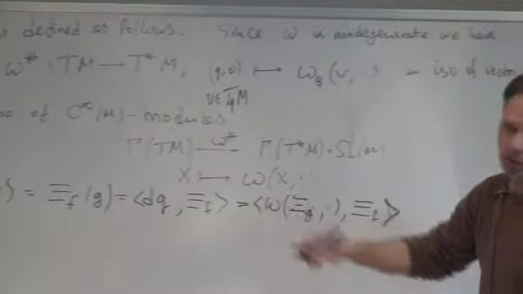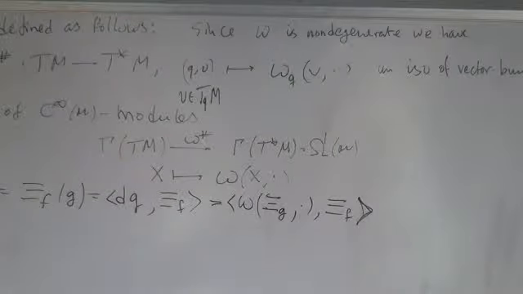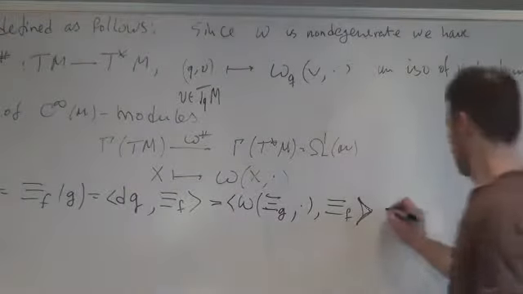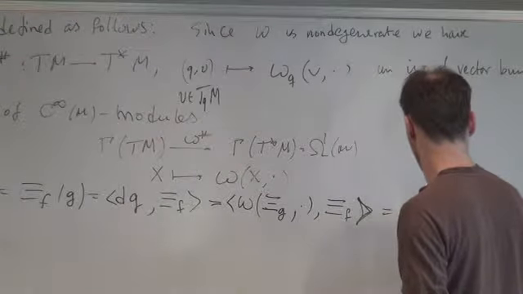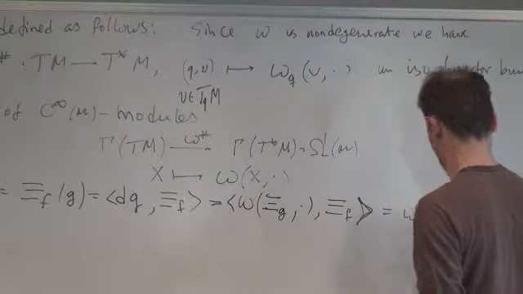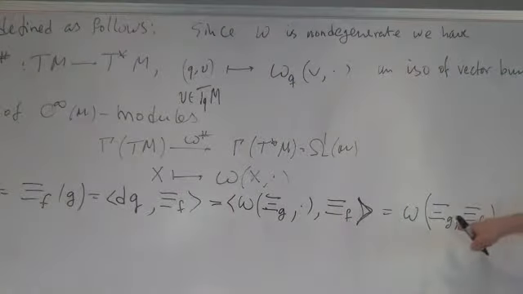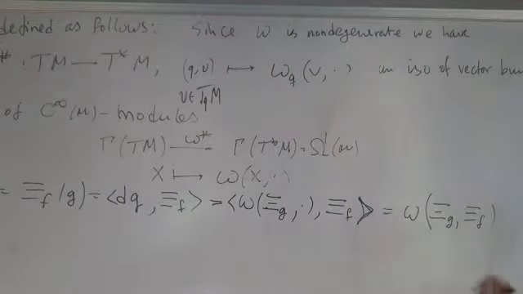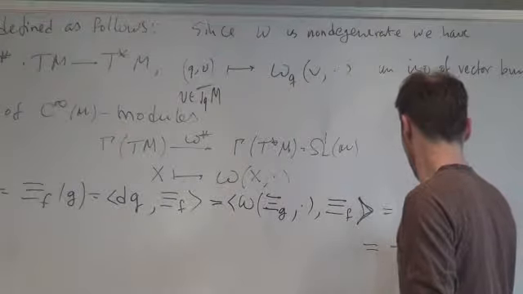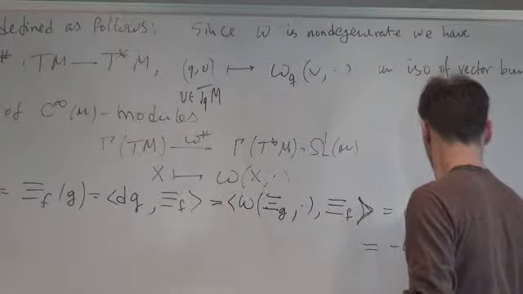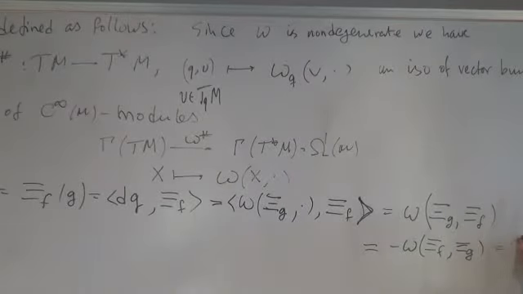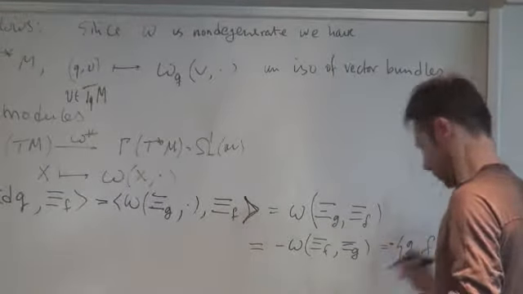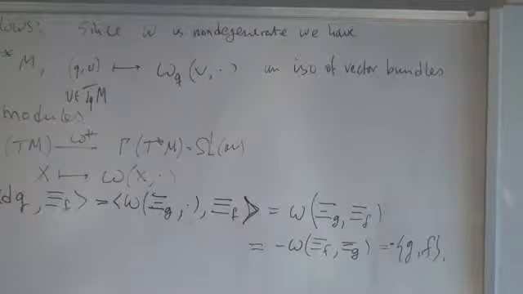I'll use these brackets for pairing between vector fields and one forms, and between vectors and covectors. And I get omega of chi sub g, chi sub f. So the Poisson bracket you can think of as taking two Hamiltonian vector fields and plugging them into the symplectic form. And out of this you see right away that this is minus, because the symplectic form is skew-symmetric, and you get minus g bracket f. What else should I see?